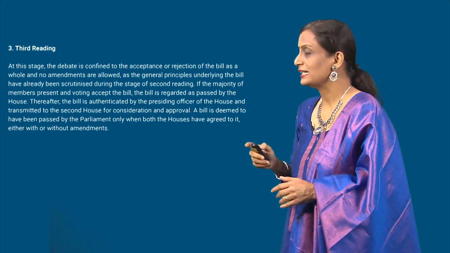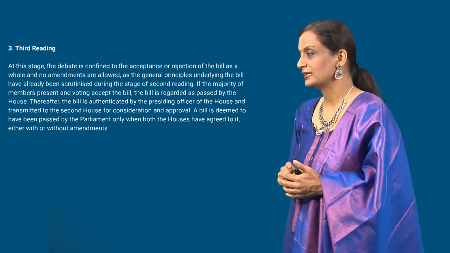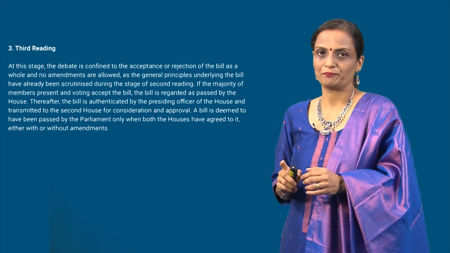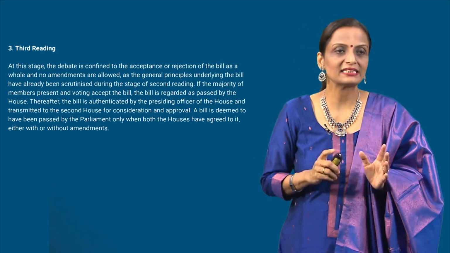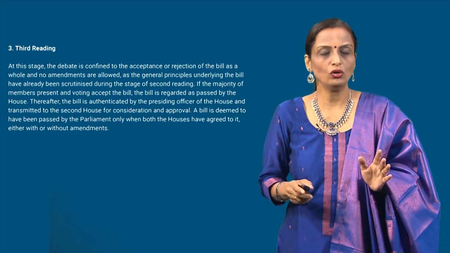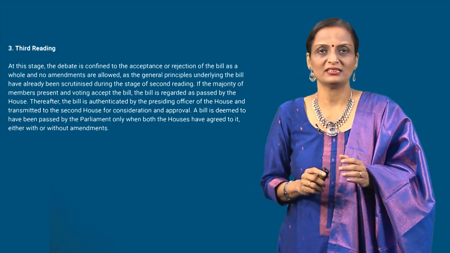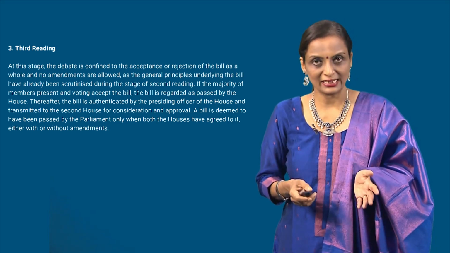In the third reading stage, the debate starts. It is confined to the acceptance or the rejection of the bill. Whether the bill will be accepted or rejected as a whole, or if there are no amendments to be made, then it can be taken as it is.